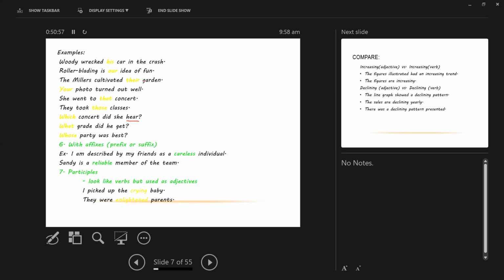Bakit hindi mo ginamit ma'am yung word na watch? What's the difference? Actually, there is. We use see when we watch a live performance.